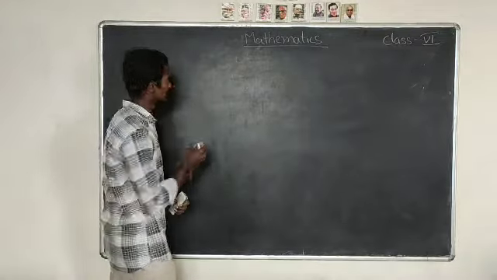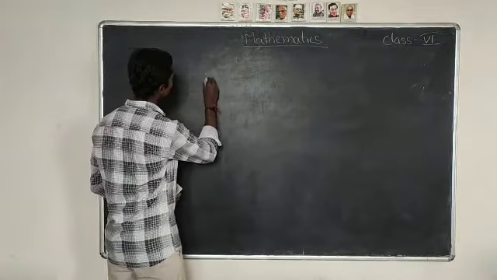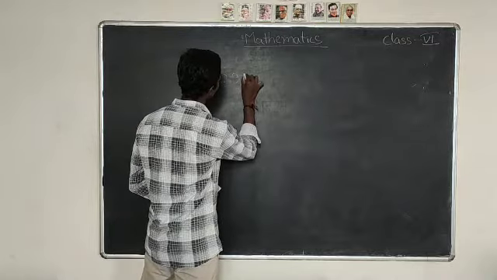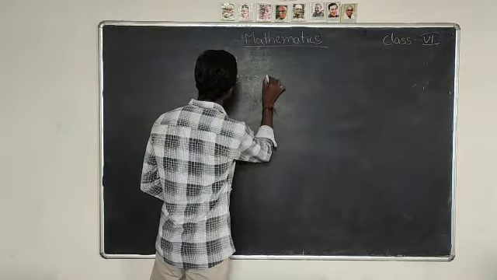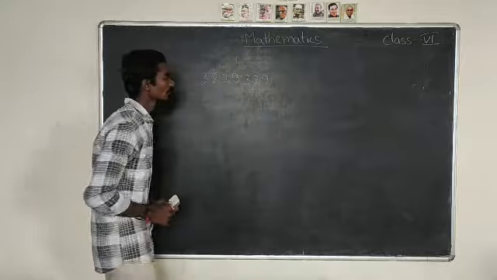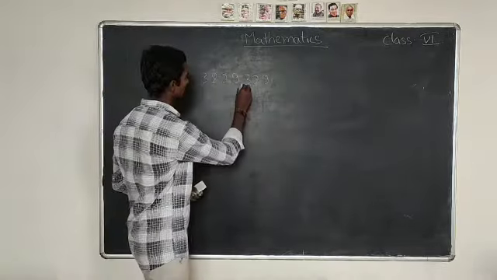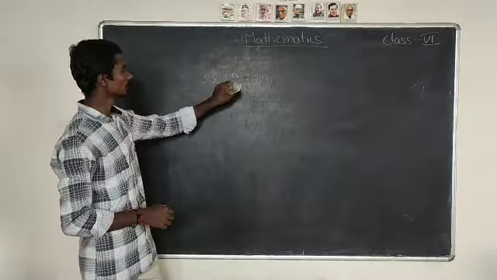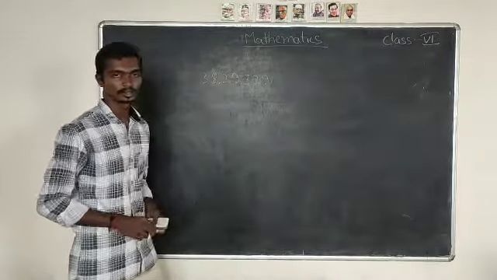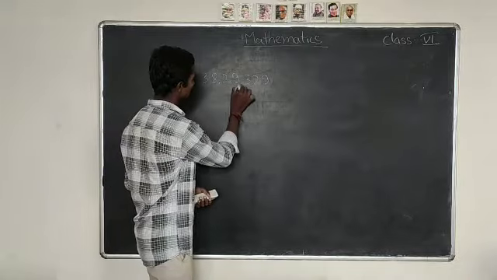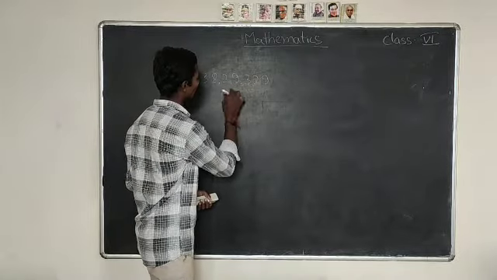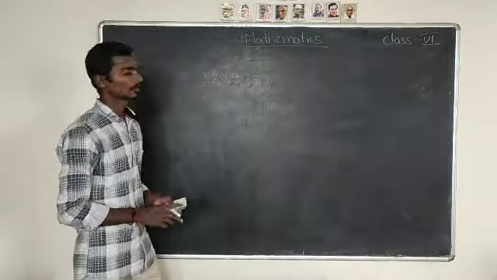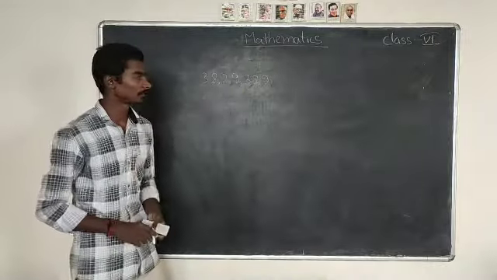If I write a number, there are commas given in between the numbers like this. How are these commas given here? And why are they given in this place only? Why not here or here? That is because this is given according to the place values.